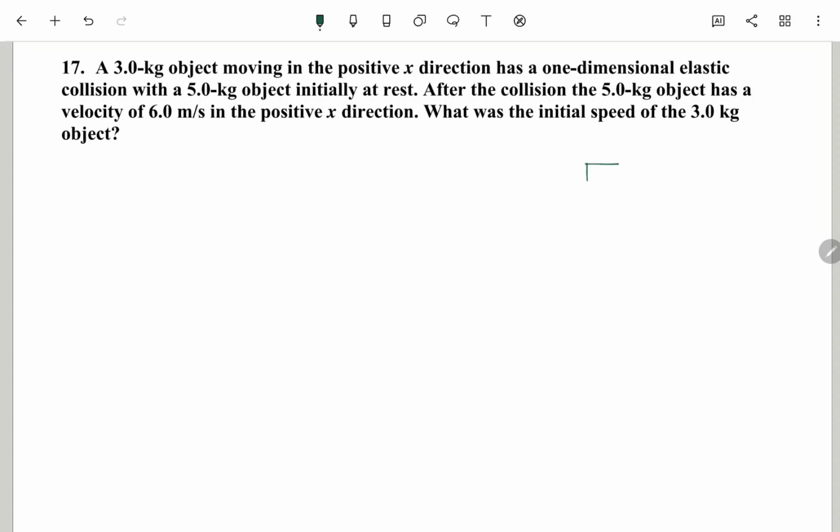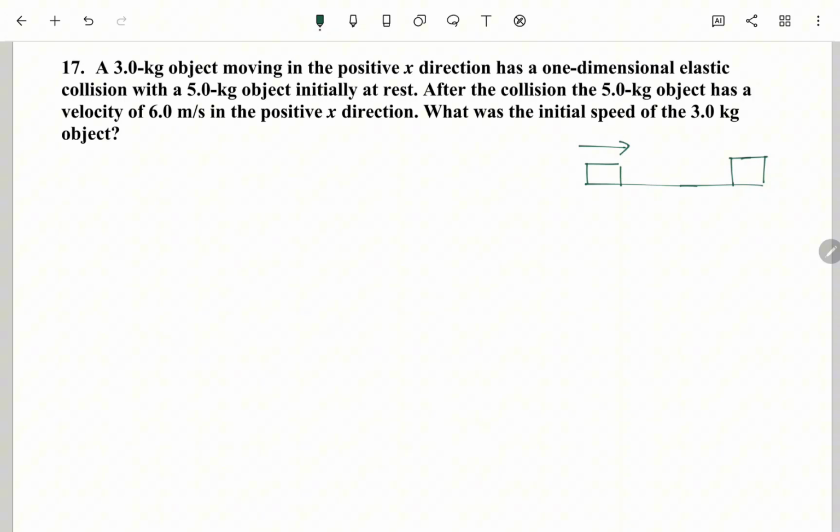We have a 3 kilogram object moving with unknown speed and another object with mass equal to 5 kilograms initially at rest. Now, after the collision, the 5 kilogram object has velocity equal to 6 meters per second in the positive x direction. Now we need to calculate the initial speed of the 3 kilogram object.